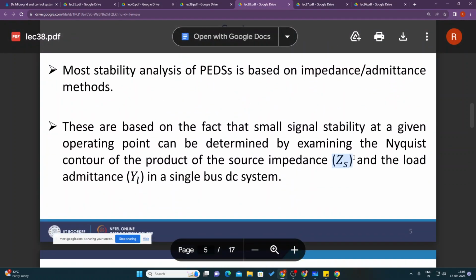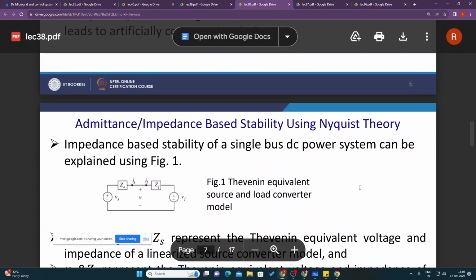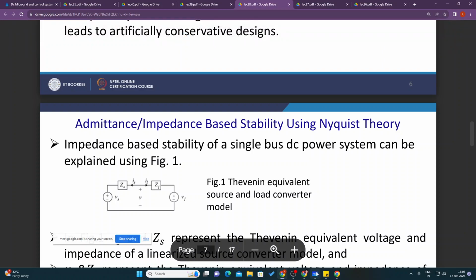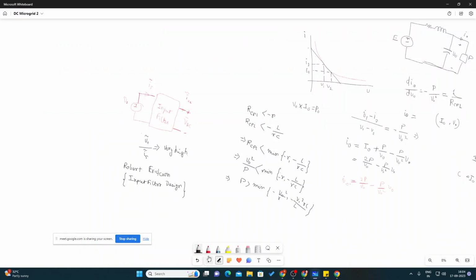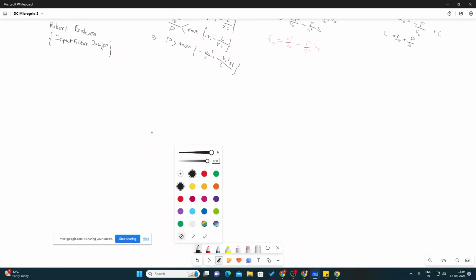So ZS is the source impedance and this is the load admittance. How does the proof come? Let's see. Firstly, let's take a system with Vs and Zs.